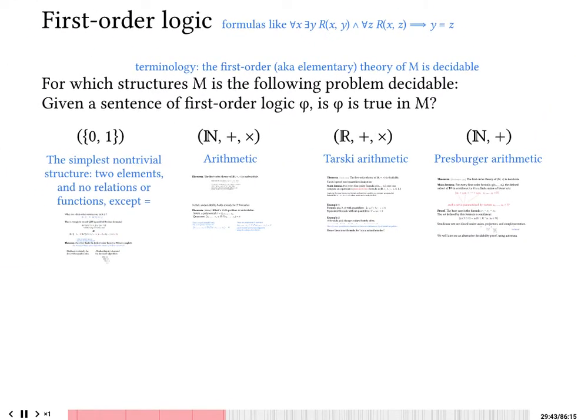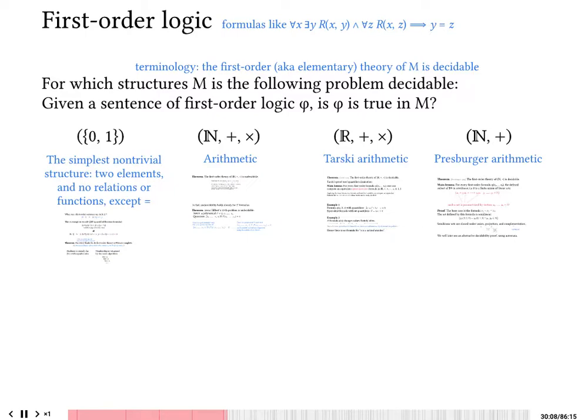These are examples of structures M and the complexity of deciding their first-order theories. For any finite structure, it's always going to be PSPACE-complete. For the natural numbers with addition and multiplication, also known as arithmetic, the problem is undecidable, but it is decidable for other cases such as Tarski arithmetic or Pressburger arithmetic.